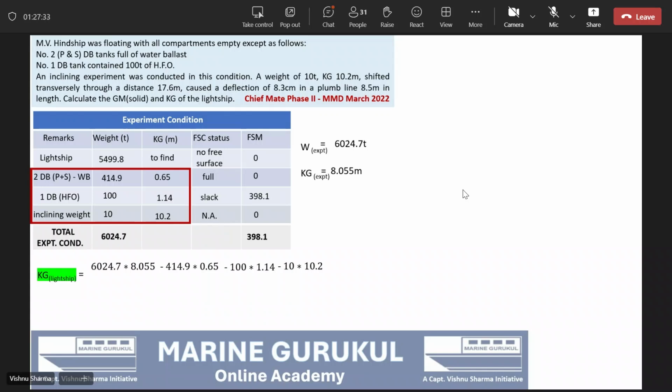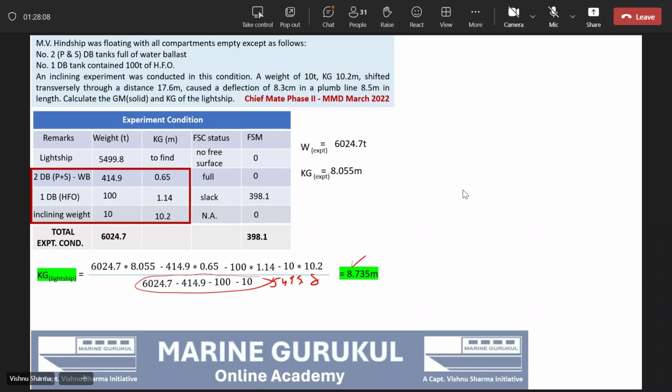Correct? And if I divide this with the light ship displacement, I'll get the light ship KG. Instead of this, if you want, you can put directly 5499.8. I have just followed the principle of moments, right? This is one answer, guys. He wanted the KG of the light ship.